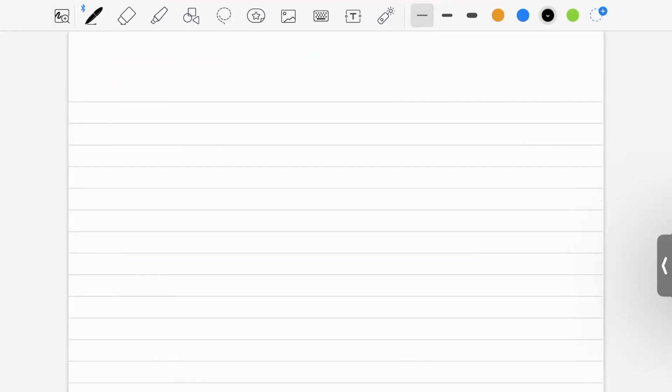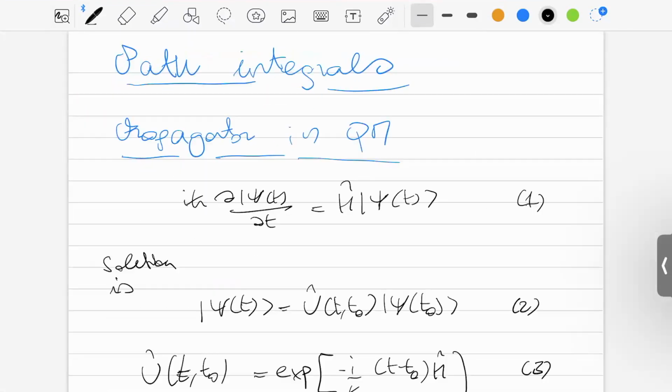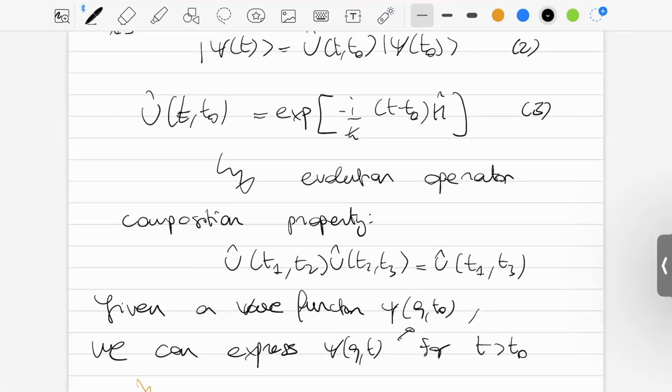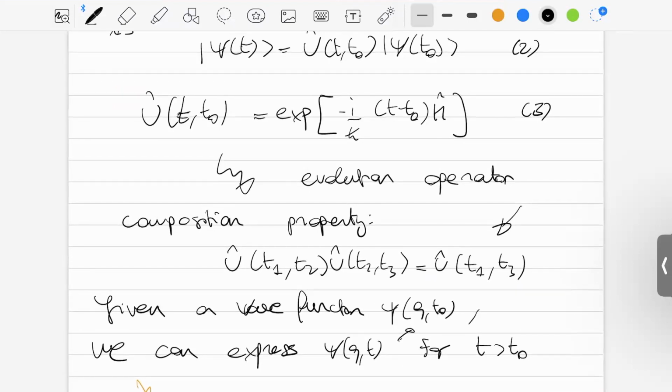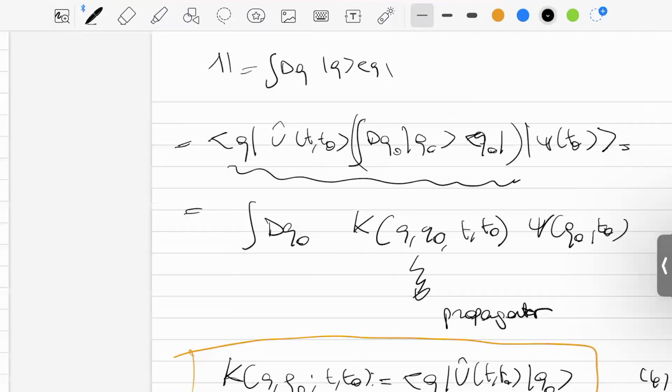Now the idea is to compute the unitary operator. If you remember, there is this composition property of the unitary operator that I have written here, and now we are going to use it. We apply this composition property n plus 1 times, once for each interval.